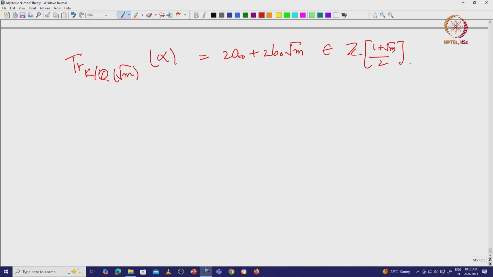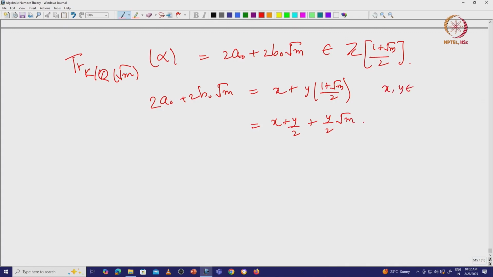So what this means is that 2a0 plus 2b0 √m is some x plus y(1+√m)/2, which I can rewrite as x plus y/2 plus (y/2)√m, and x and y are integers. This means that 2a0 and 2b0 belong to half integers, which means that a0 and b0 belong to (1/4)Z.